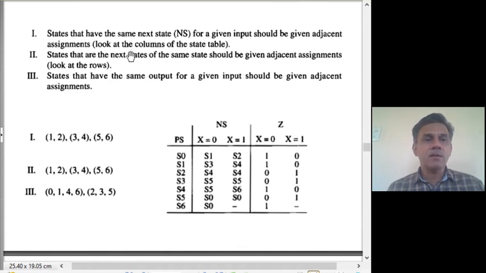The next guideline tells states that are the next state of a same state should be given adjacent. That is, if from a given state you go to two different states, they should be as adjacent as possible. Because from this state, based on this input, you either go here or here.